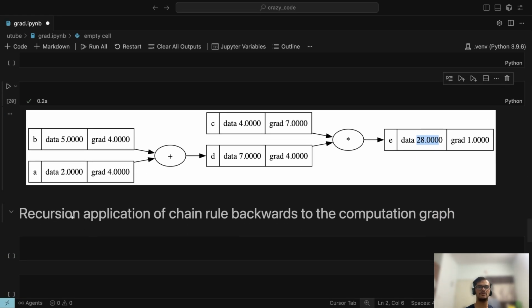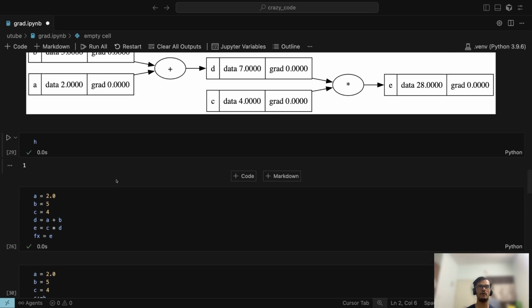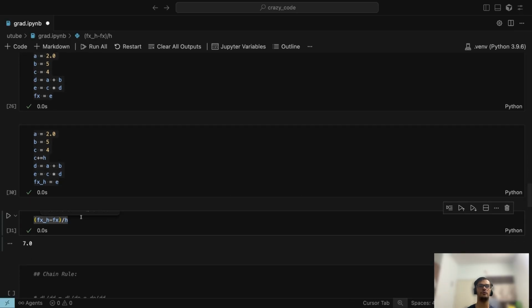So this is a good statement. I would like to also point out that what is happening here is a recursive application of the chain rule backwards through the computation graph. So we are computing the gradients backward. A question you would have is, why can't we calculate the gradients like the first way that I showed you, right?